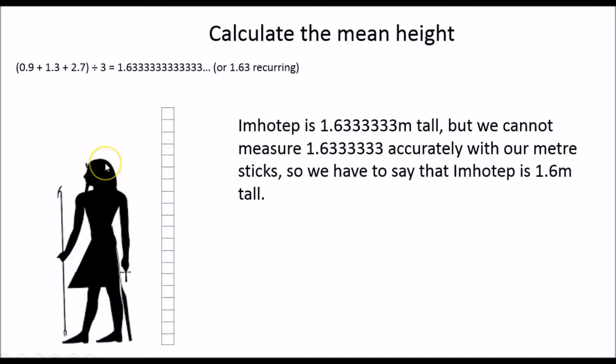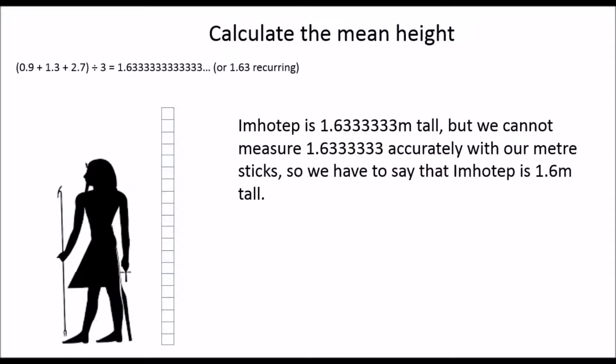So if Imhotep is 1.63 meters tall, and we measure Imhotep with our 1/10 of a meter sticks, we can't actually tell that Imhotep is 1.63 meters tall, but we can tell that Imhotep is 1.6 meters tall. 1, 2, 3, 4, 5, 6, 7, 8, 9, 10, 11, 12, 13, 14, 15, 16. So we can see that he's 16/10 of a meter, or 1.6 meters tall. We can't measure accurately this 0.03 recurring.